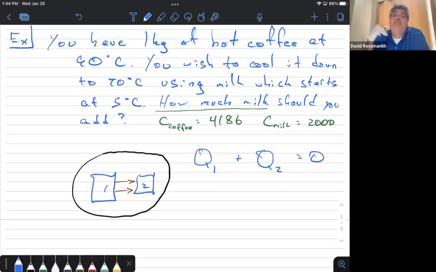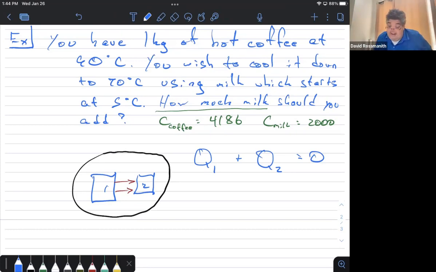So there will always be something that will lose the energy and something else that will gain it. Because if it didn't happen, then that would mean everything's at the same temperature. So nothing would change temperature. So there will always be something we could call the negative one, and something else will be the positive one.